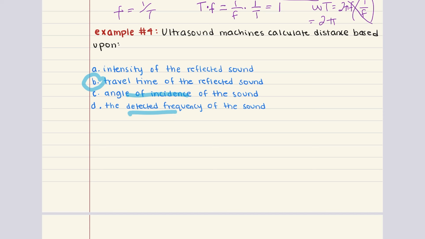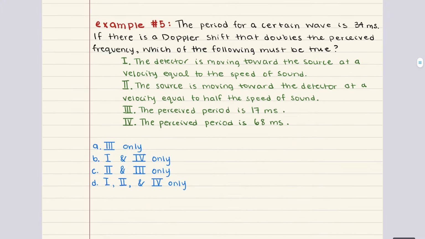D says the detected frequency of the sound. The apparent frequency is only used in Doppler ultrasound, but it's not used to calculate distance. So again, the correct answer to problem 4 is B. Ultrasound machines calculate distance based upon travel time of the reflected sound. Onward to problem 5.